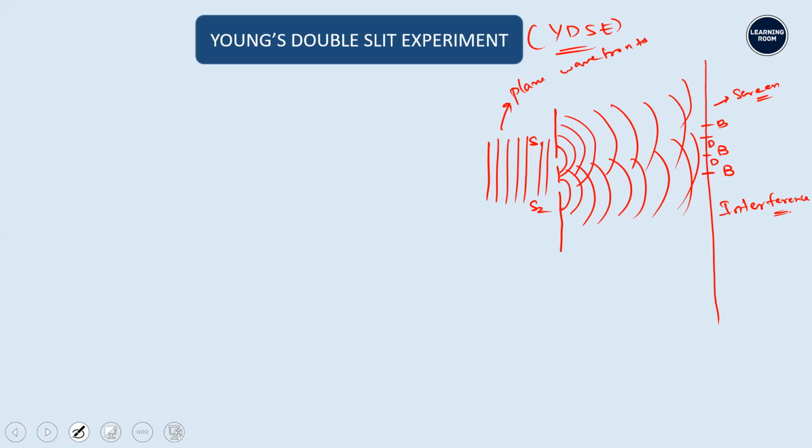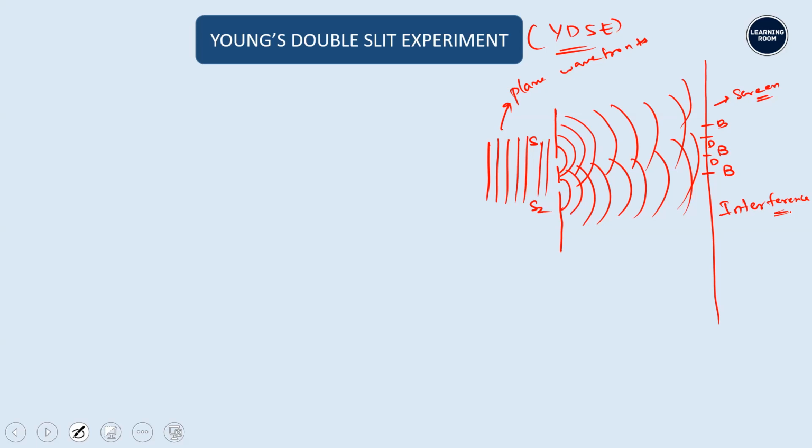Means you can actually see this. If you can see this kind of a pattern which is happening due to a phenomenon called interference, now we will use the conditions that we have derived in the case of phase difference and path difference to find out the distances between the bright spots and the distances between the dark spots.